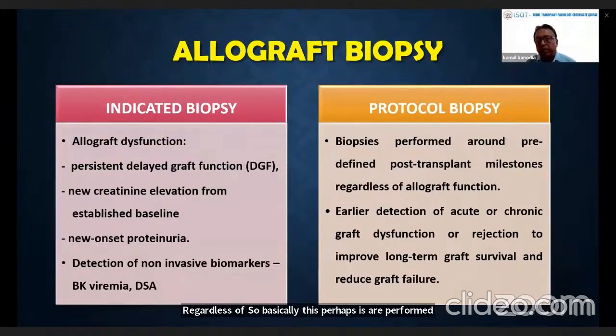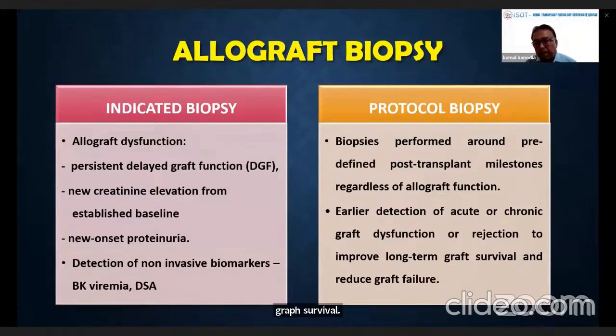That can be 1 month, 2 months, 3 months, 6 months, or 12 months post-transplantation, according to the transplant program choice or the protocol policy of the center. The purpose of this biopsy is early detection of acute or chronic graft dysfunction or rejection to improve the long-term graft survival and reduce graft failure.